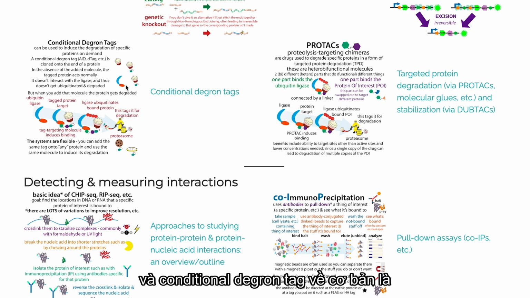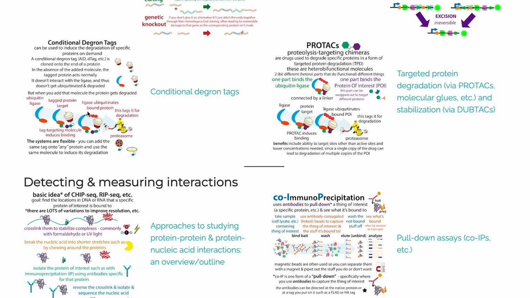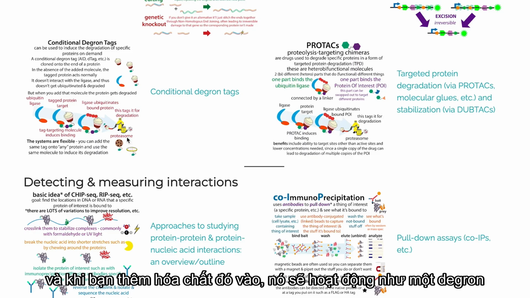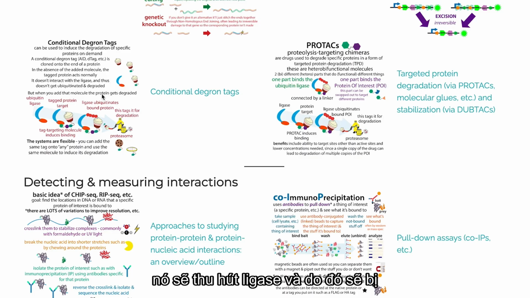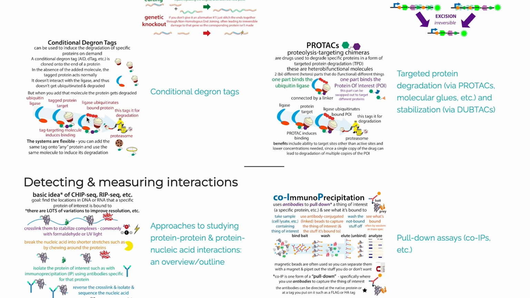And a conditional degron tag is only going to serve as a degron if a certain chemical is present. When you add that chemical, it's going to act as a degron. It's going to recruit the ligase, and therefore it's going to get ubiquitinated and degraded. This can allow you to, on demand, degrade a specific protein.